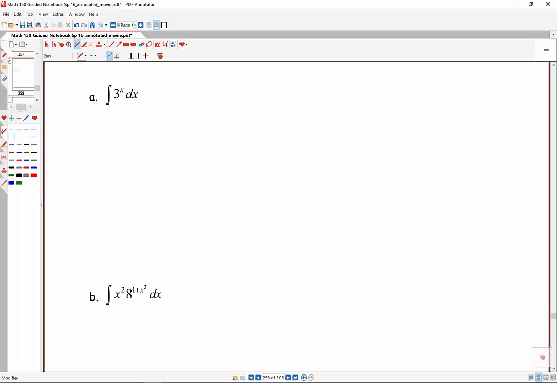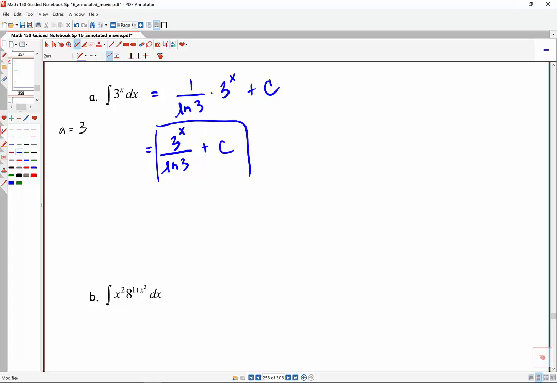Good, 3, right? This antiderivative ends up being 1 over natural log of 3 times 3 to the x plus c. So we can write it just as 3 to the x over natural log of 3 plus c. We're good to go.